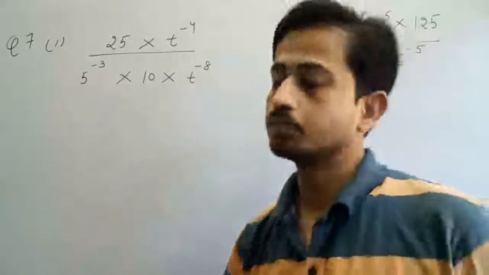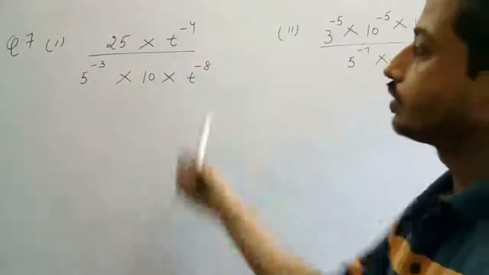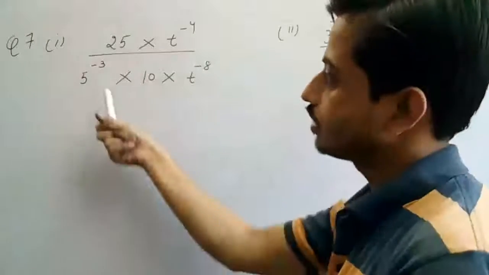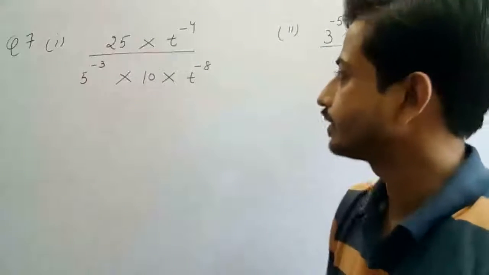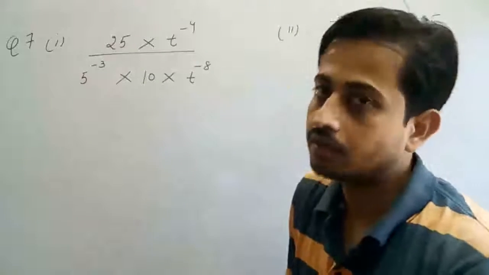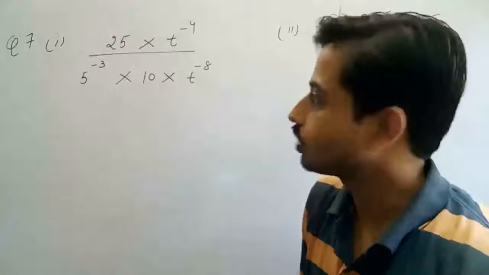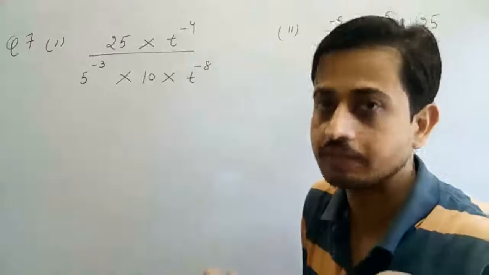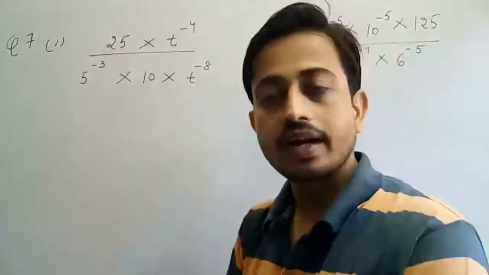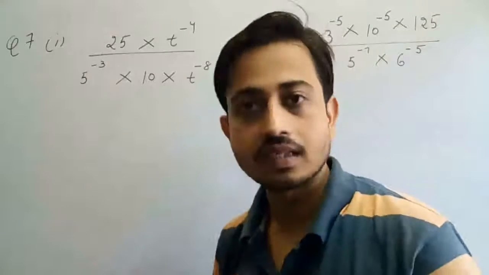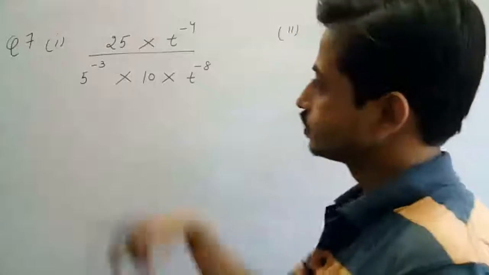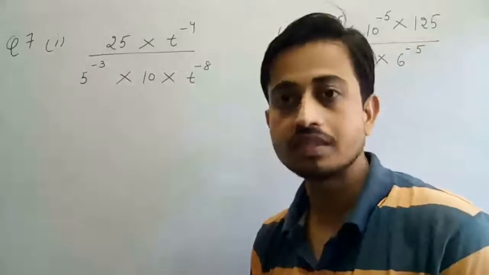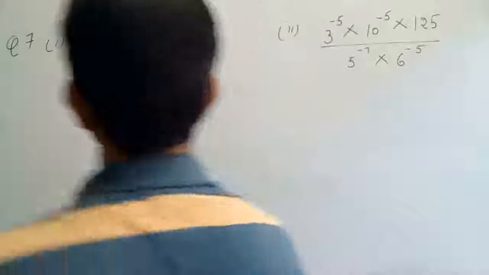Now look at the question number 7 part 1. 25 raised to the multiply t raised to the power negative 4, same, 5 raised to the power negative 3 multiply 10 multiply t raised to the power minus 8. Step 1 is what? You have to write all the terms as a, try to make it same, and also write all the terms in terms of exponent and power. So 25 can be written as 5 into 5, and 5 into 5 means 5 raised to the power 2.